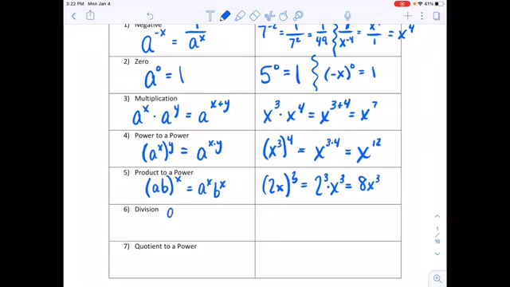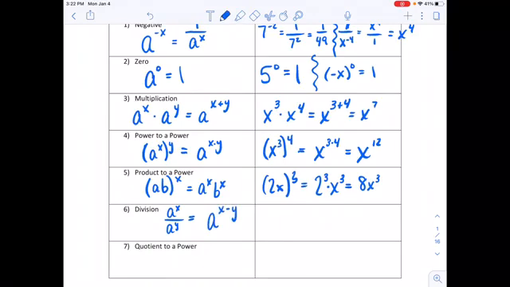Okay? And then we have division of an exponent. Notice, like bases, they're both a's. Similar to multiplication, when we added, we are going to simply subtract our exponents. Notice the numerator minus the denominator is how we do it.